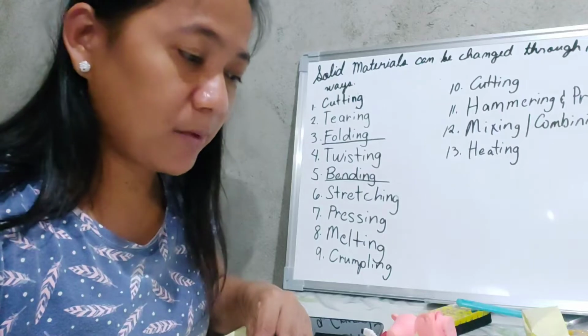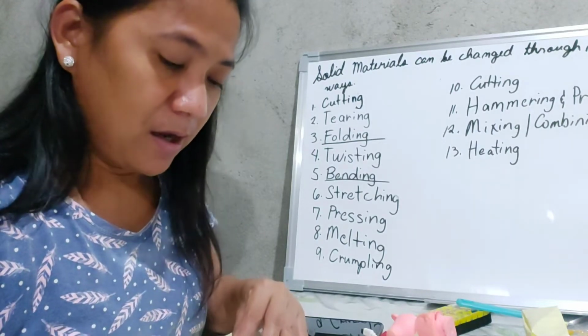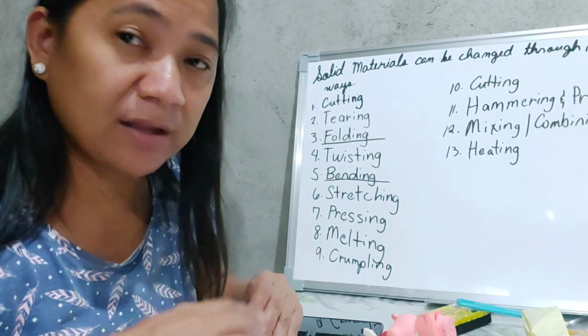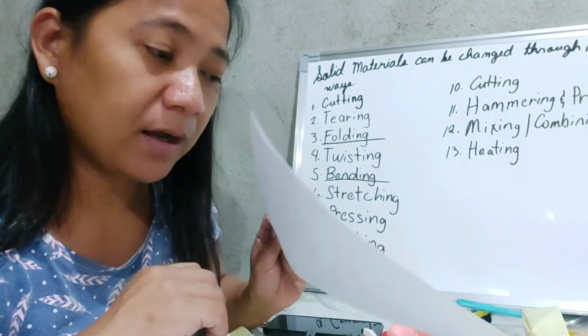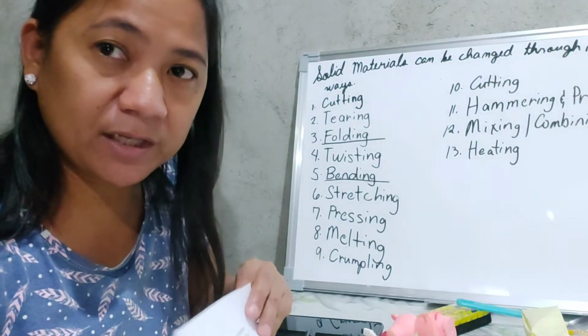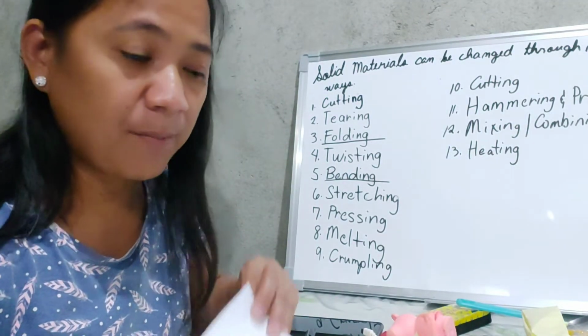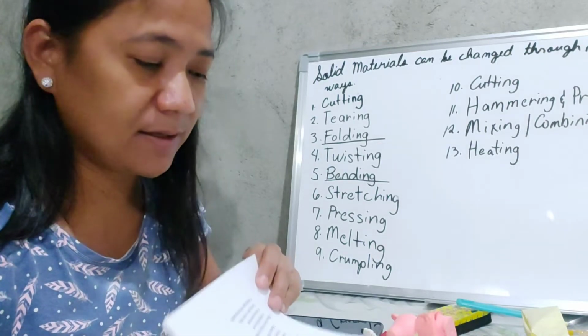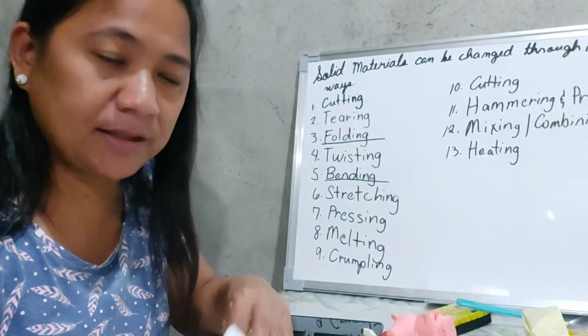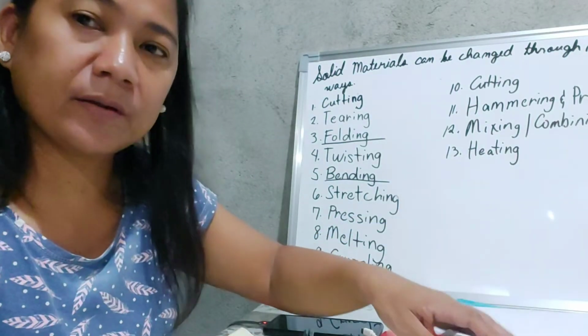Pwede na po tayong magtuloy-tuloy na mag-answer sa page 17 at 18 kasi na-discuss na po yung laman ng mga activity na to. So kung nakinig kayo mga bata, madali na ninyong makukuha ang mga kasagutan sa mga tanong na to sa 17 and 18.